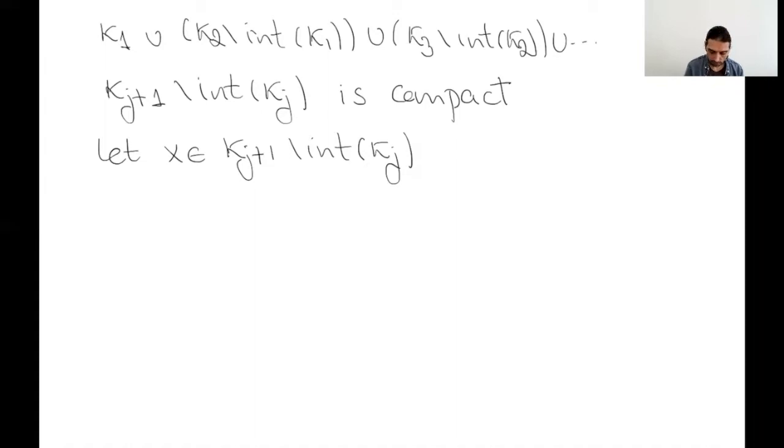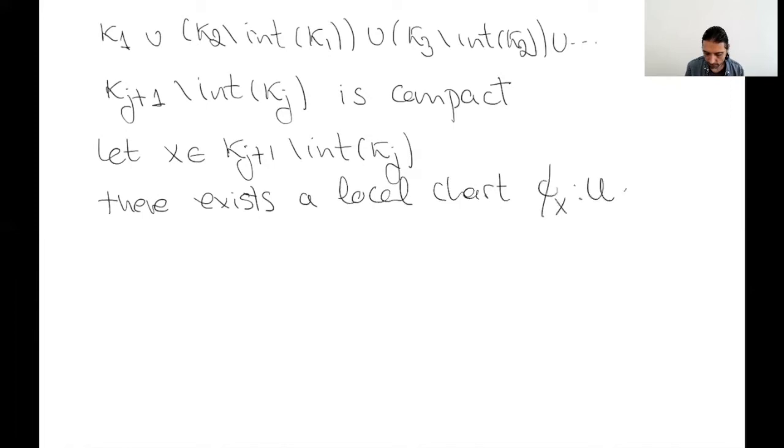Okay, so we fix this point x, and there exists a local chart phi sub x from U_x to B_x, whose domain contains x, and we can assume, for instance, that the image of the point x is going to be 0.